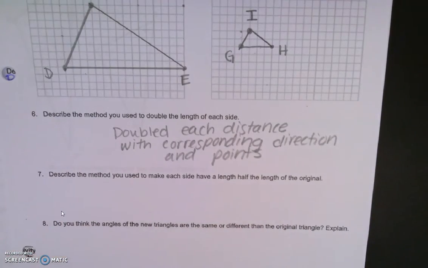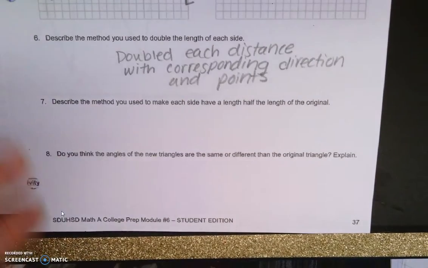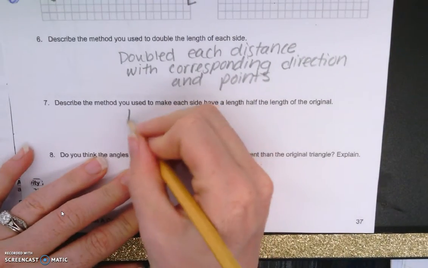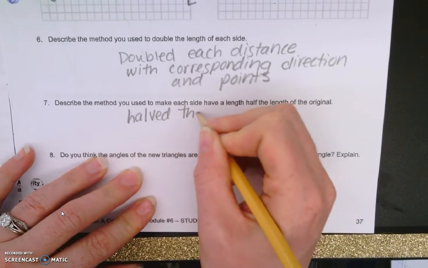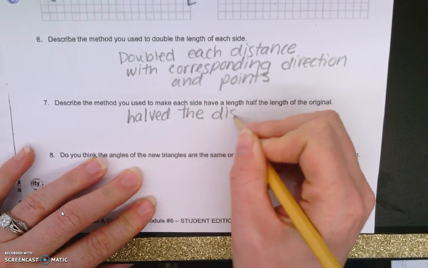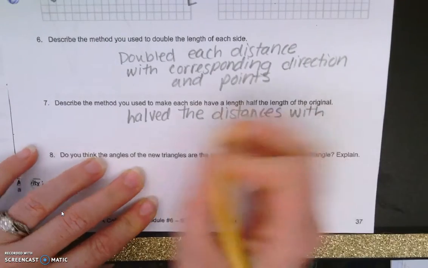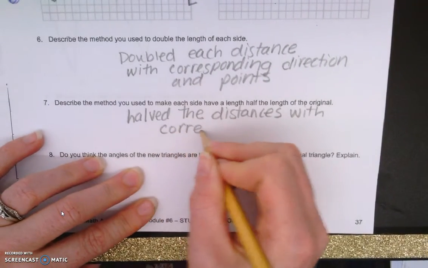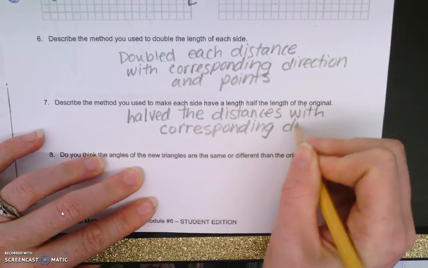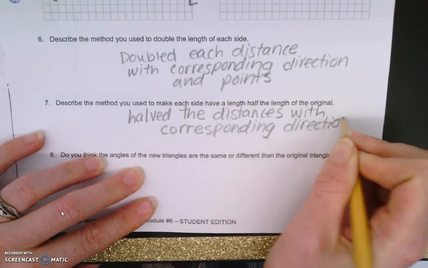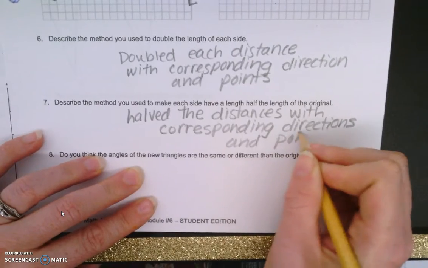And to half the lengths, instead of doubling each distance with corresponding direction and points, we halved the distances with corresponding directions and points.